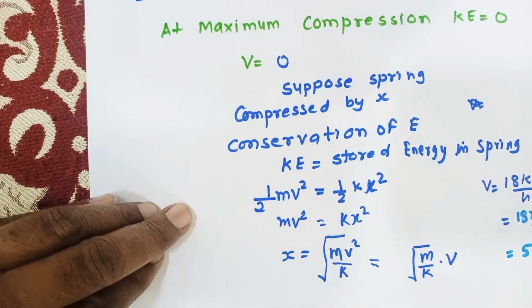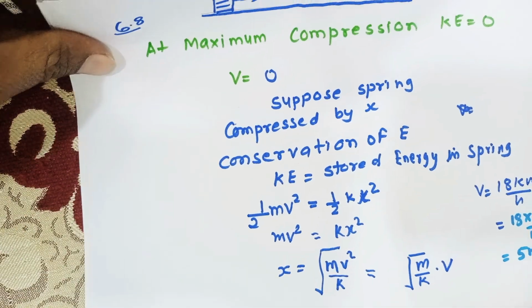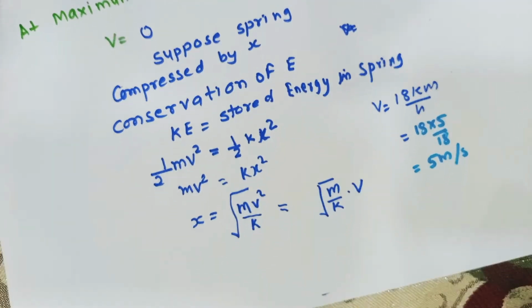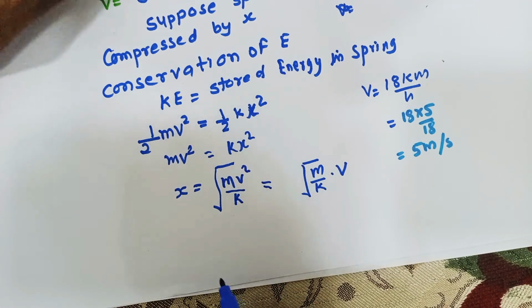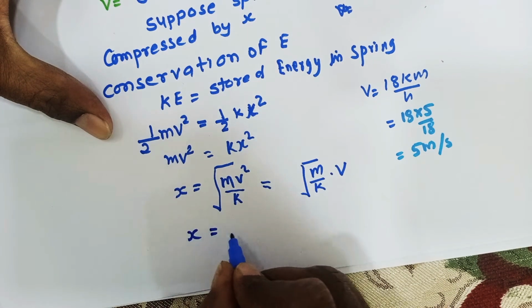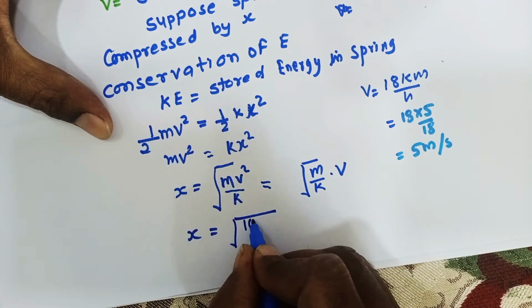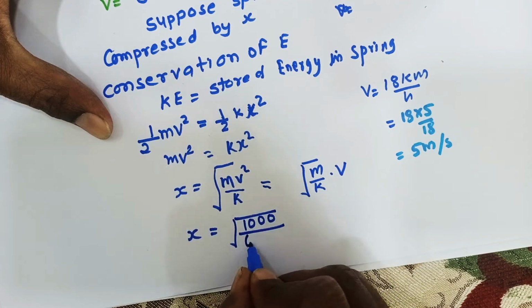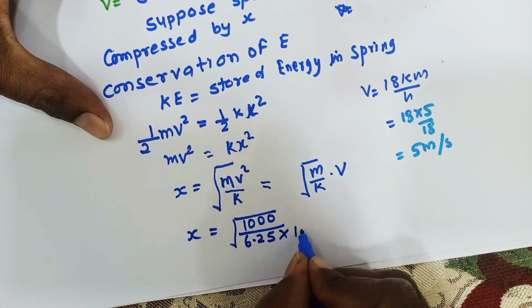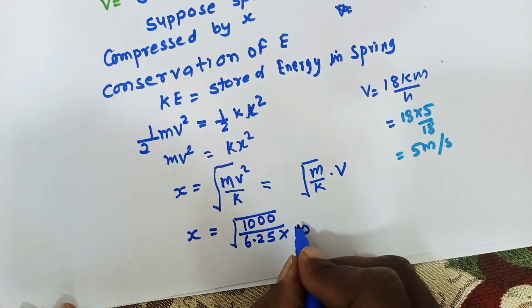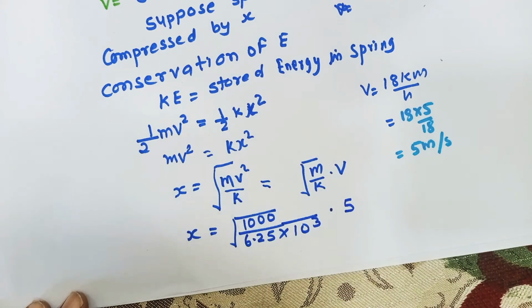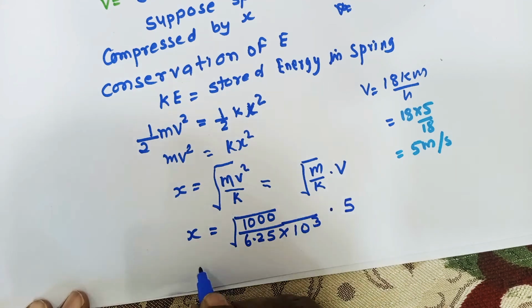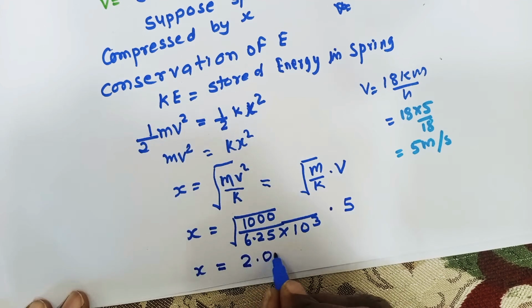So when we put the value of mass, 1000, spring constant 6.25 × 10^3, and outside 5 meter per second the velocity, and solve this, we will get x equal to 2.00 meter.